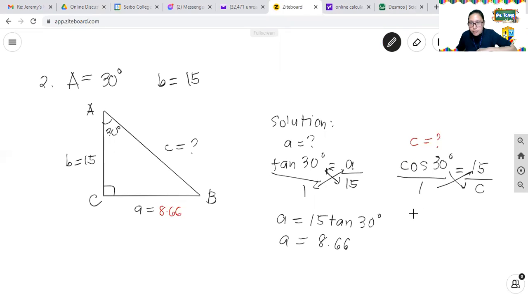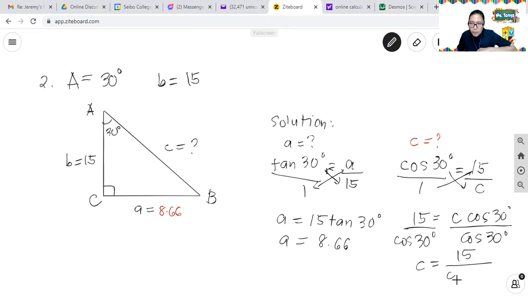So we will have 15 is equal to C times cosine 30 degrees. We only need C to be isolated on one side, so we divide by cosine 30 degrees. Hence, in order to solve for C, it is 15 divided by cosine 30 degrees.